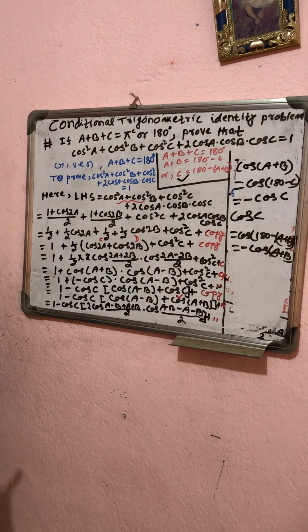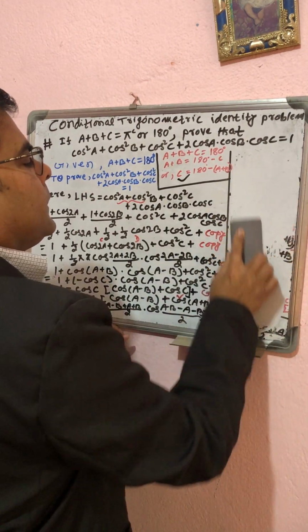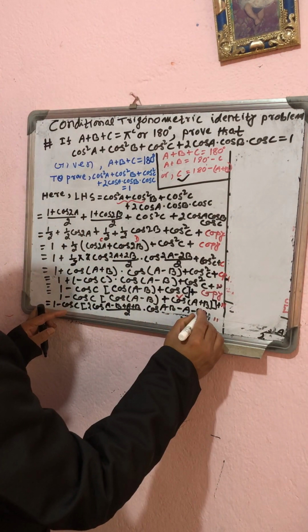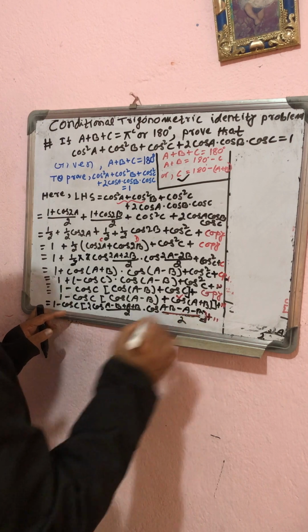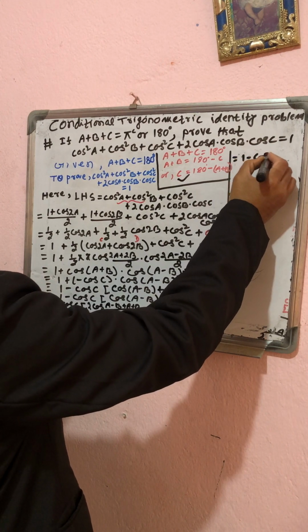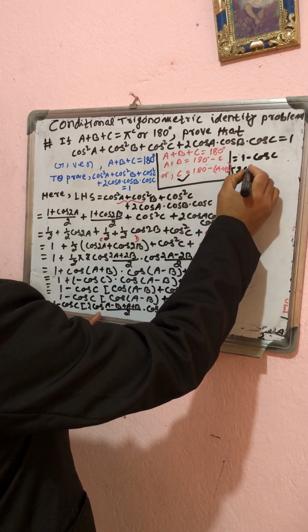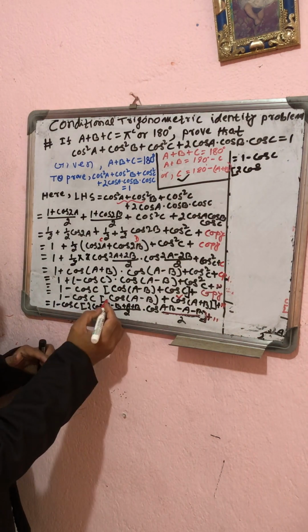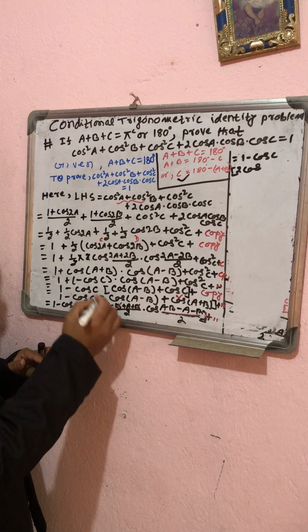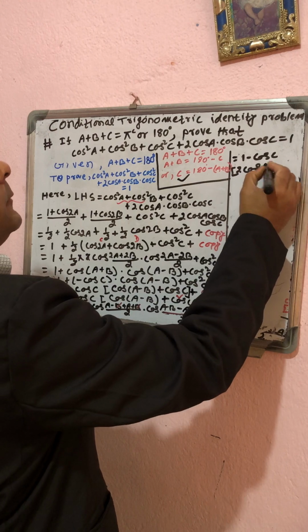Now look here: negative B and positive B got cancelled out, A plus A is 2A, by 2 is A, so this is cos A.